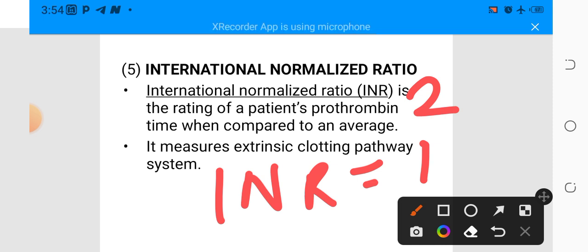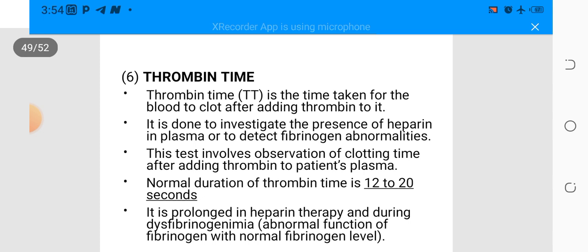In patients taking anticoagulant therapy for atrial fibrillation, for example, INR should be 2 to 3 because blood should take a longer time to clot. But INR greater than 4 indicates that blood is clotting too slowly and there is a risk of uncontrolled blood clotting. We'll still come back to this. We'll see the application of this calculation.